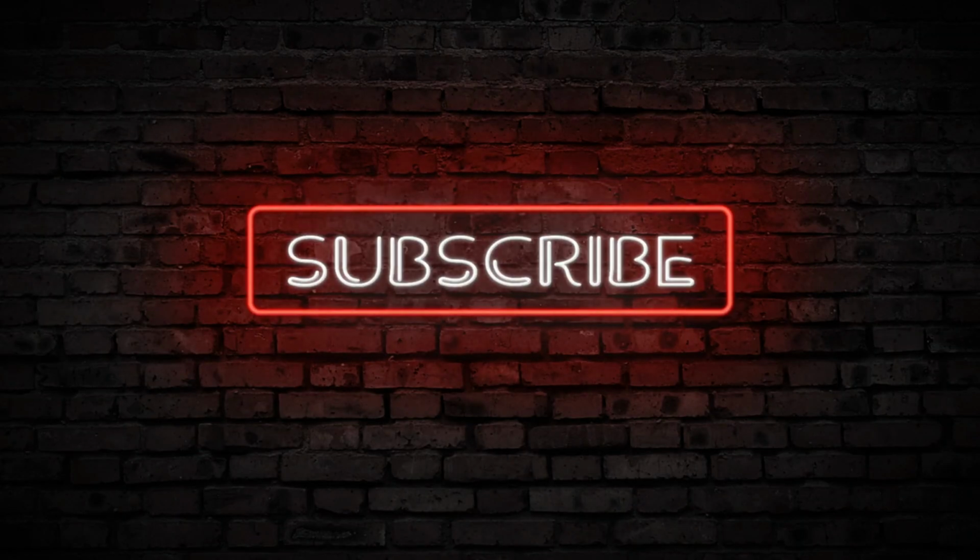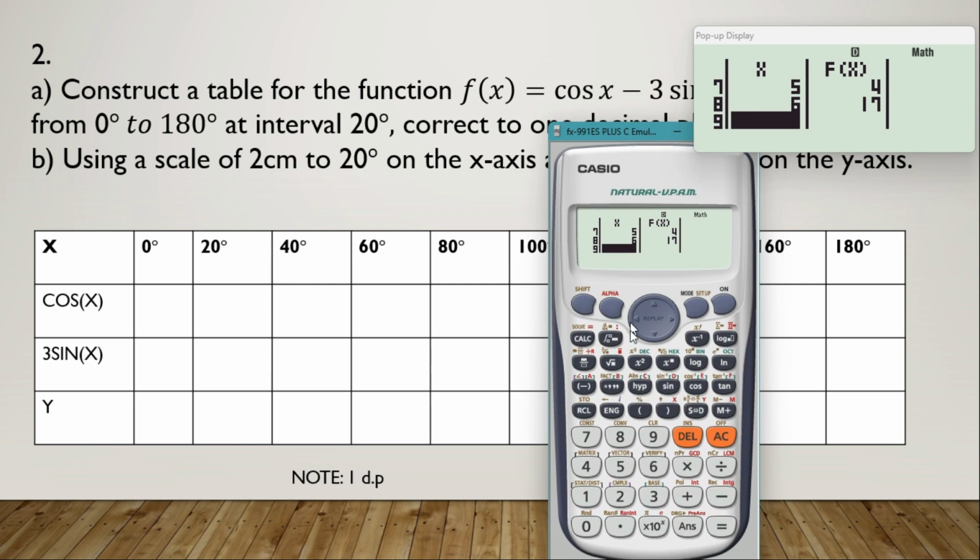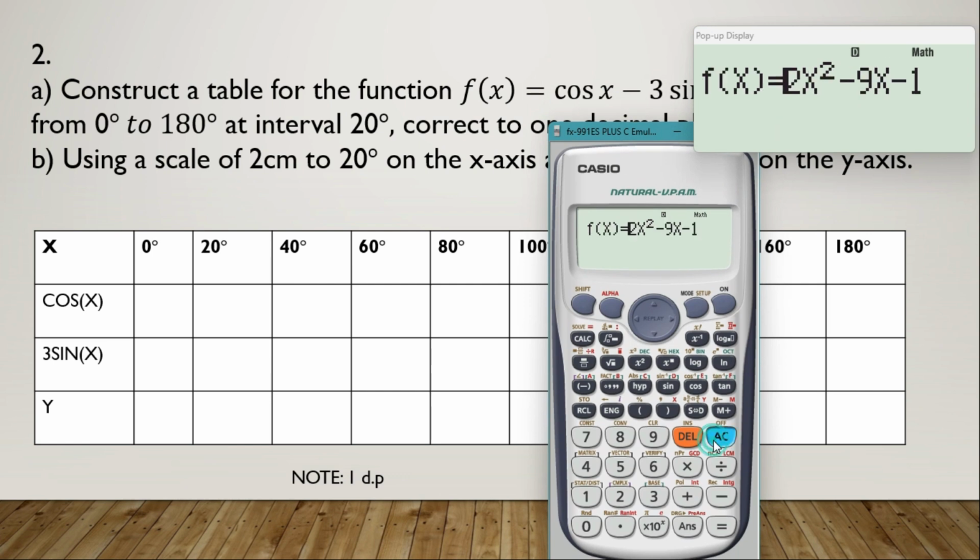So I type in the whole function. The function is cos x minus 3 sine x.